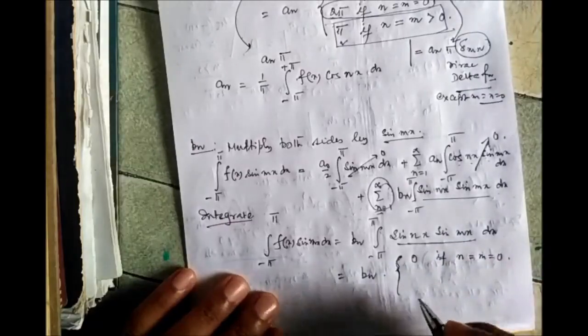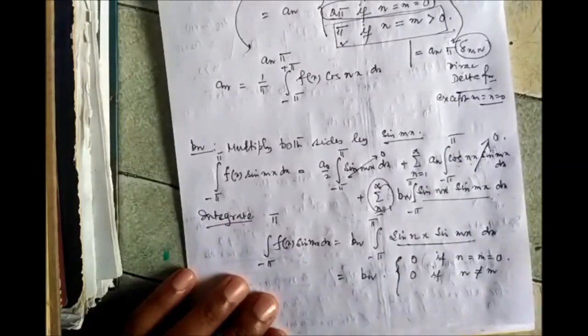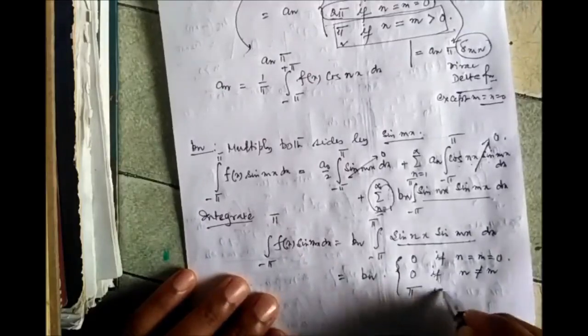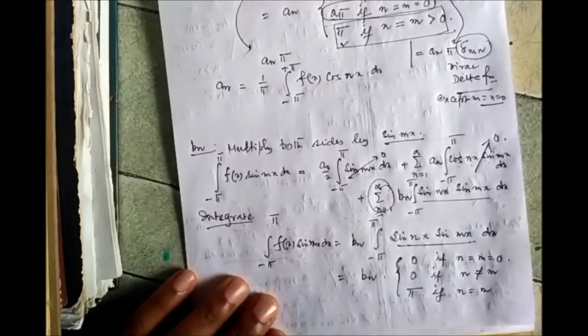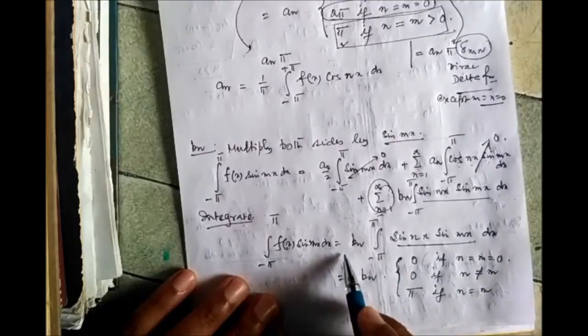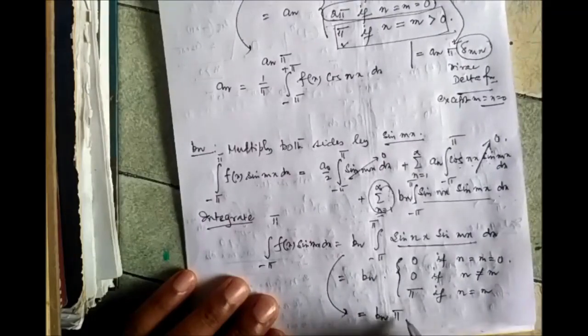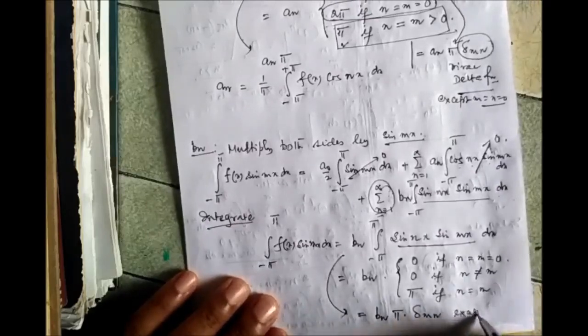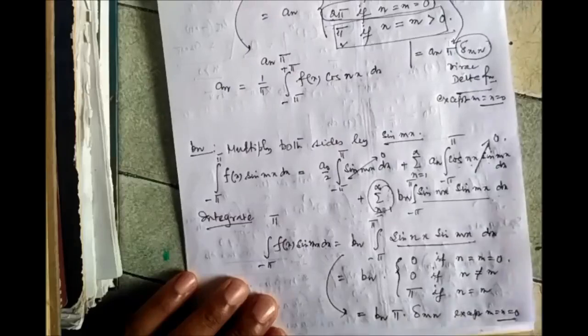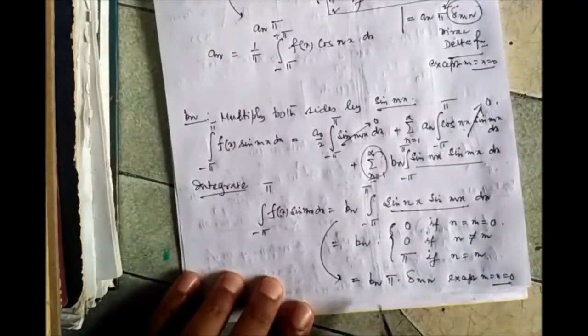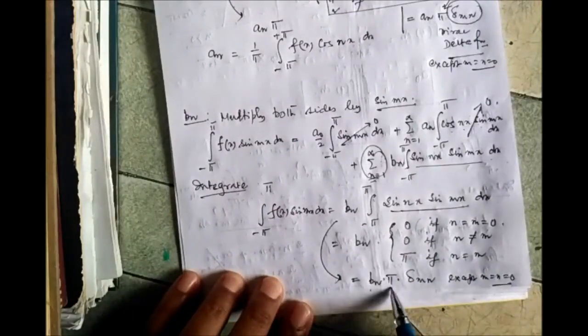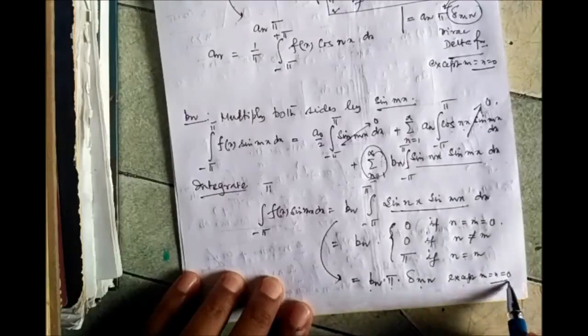This gives me again 0 if n not equal to m, but this gives me pi if n equal to m. So this is a perfect delta function, and this gives me Bm times pi delta mn, except n equal to m equal to 0. Right? So Bn into pi into delta mn except m equal to n equal to 0.